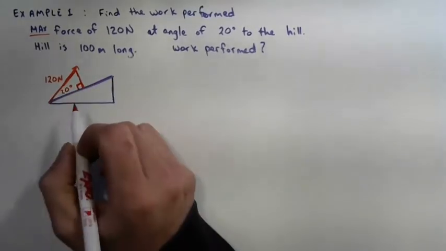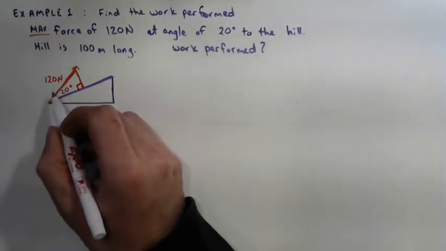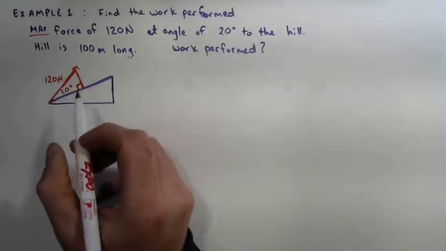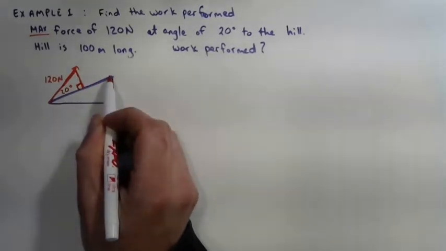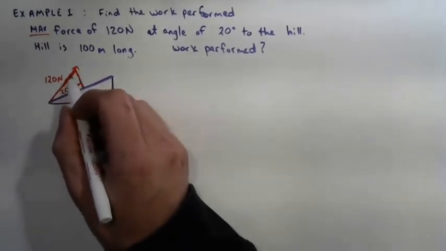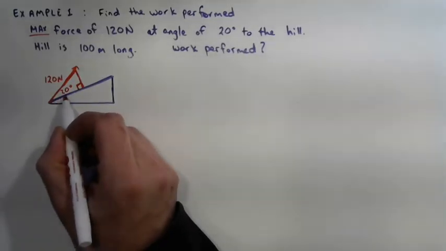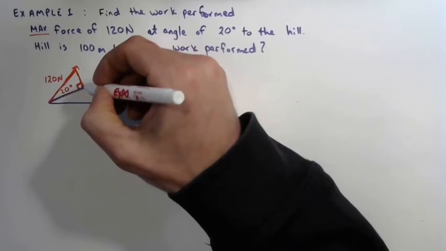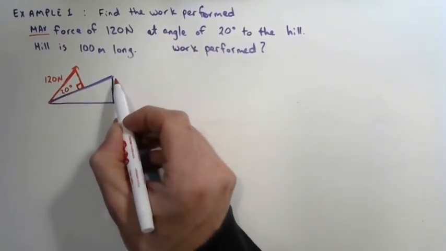Okay, so again, this is an important point. If we have a vector that is a force acting on an object and the object is heading in a particular direction, then the component vectors of that force vector are the vector going in the same direction as the displacement vector and the vector perpendicular to the direction vector.